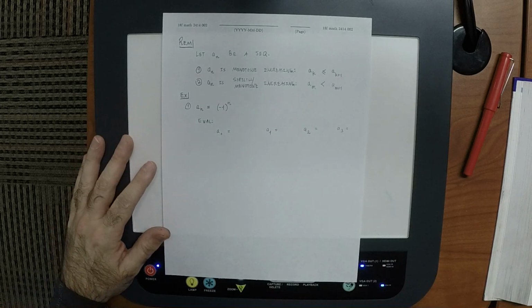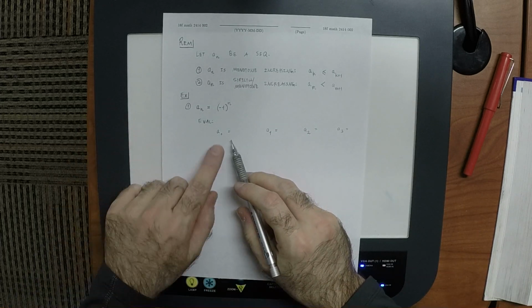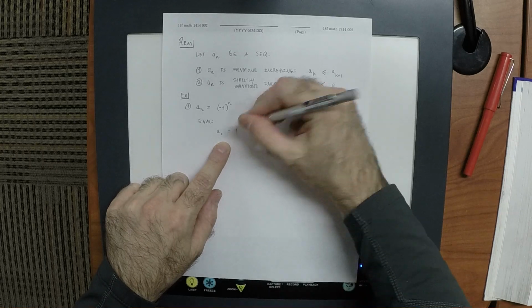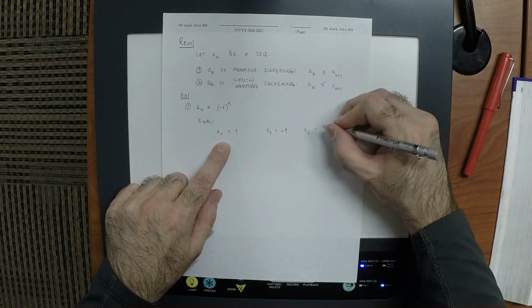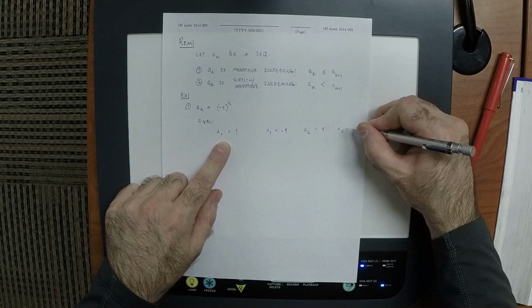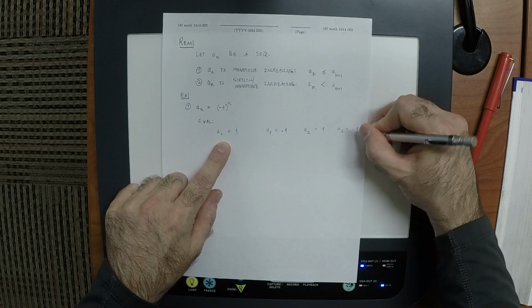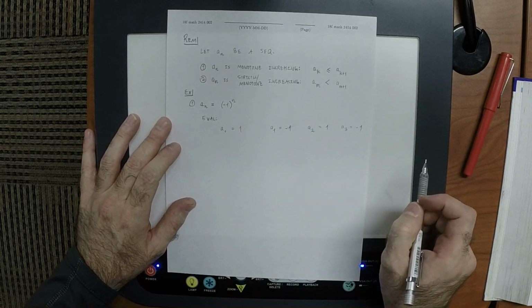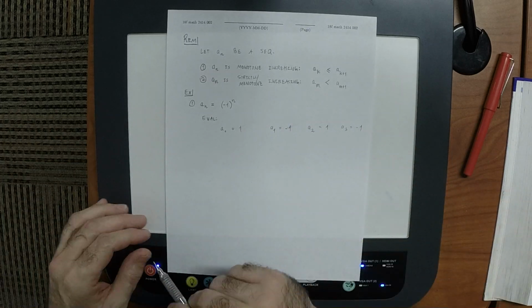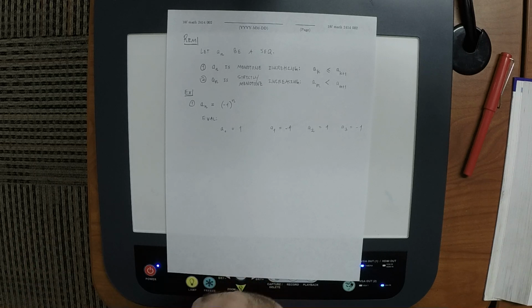So what are those? a_0 is 1, and then -1, and then 1, and then -1. Okay. So I suspect you can probably imagine what continues to happen, right? It alternates between 1 and -1.